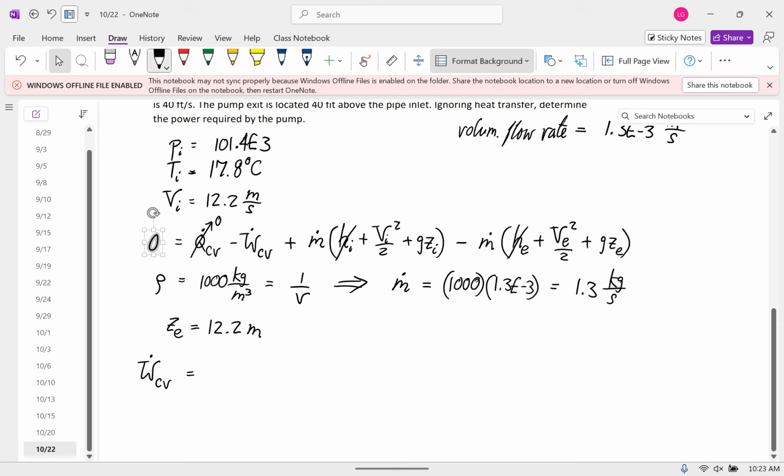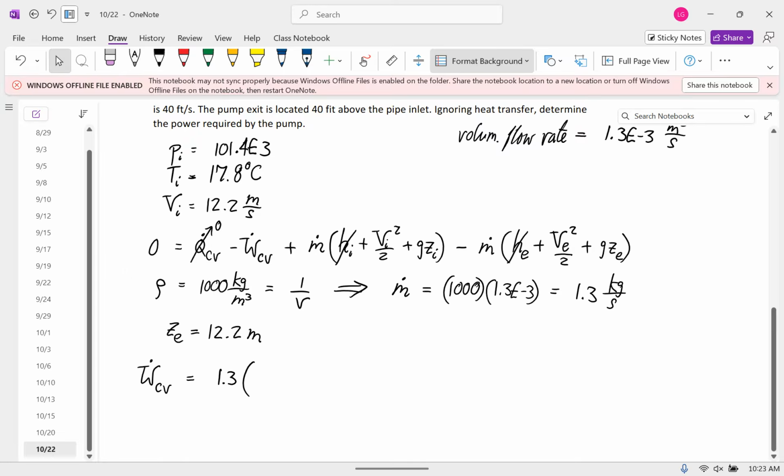So this is equal to 1.3 times the quantity at the inlet, we have 12.2 squared over 2, minus 1.3 times the quantity.